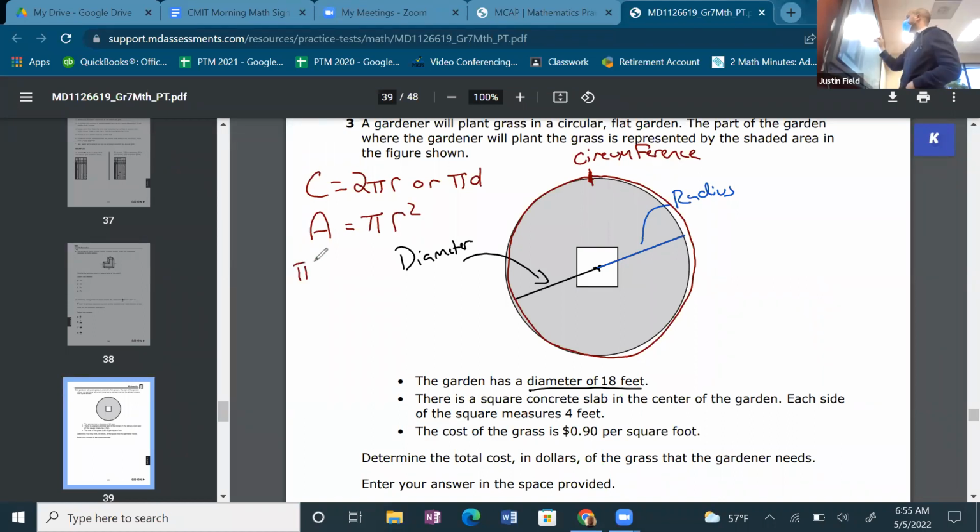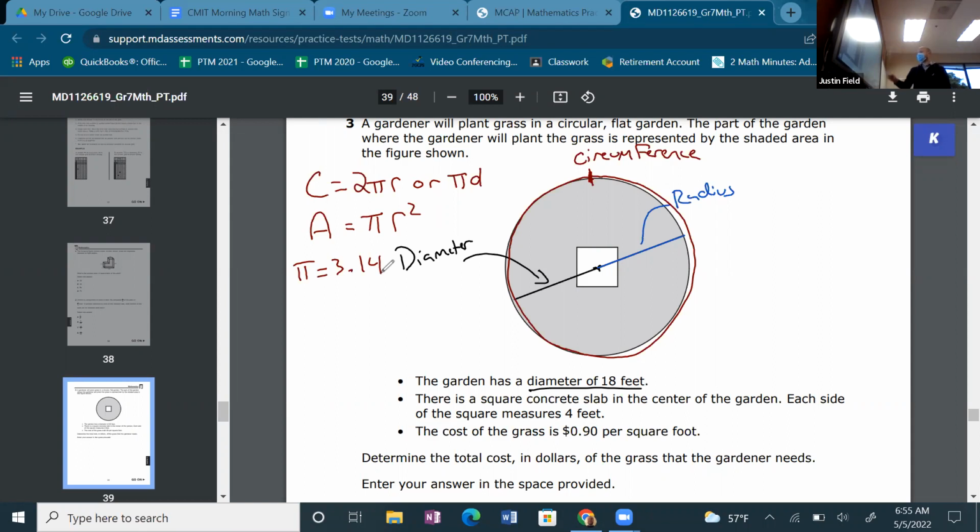In 7th grade, you can use 3.14 for pi. But when you get to 8th grade in Algebra 1, you are to use the pi button on your calculator for greater approximation, more accuracy. Okay, so there's your circle review.